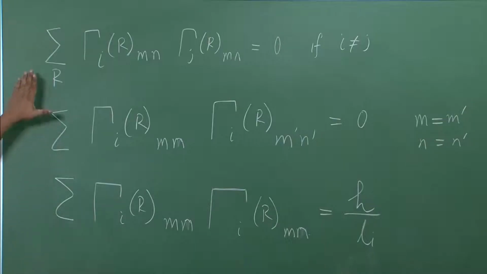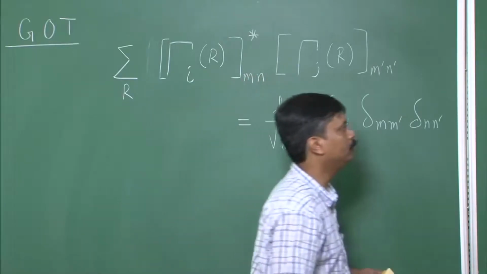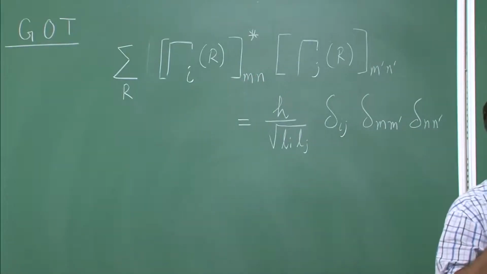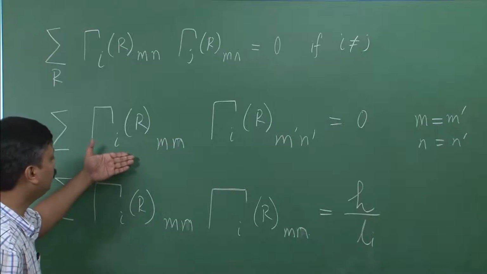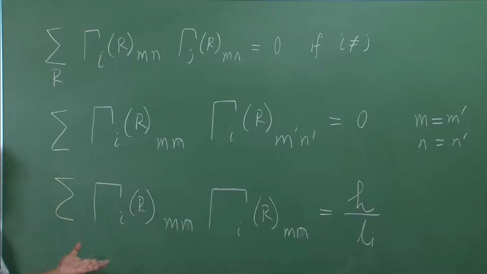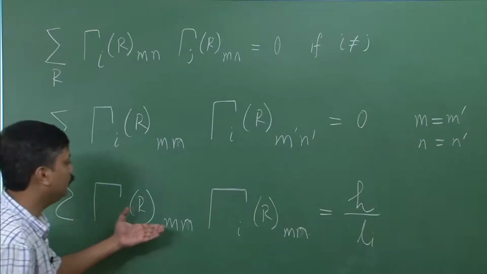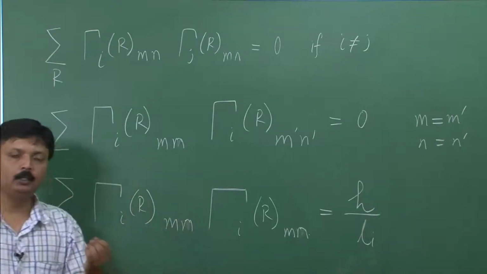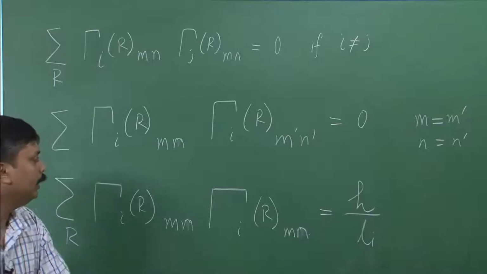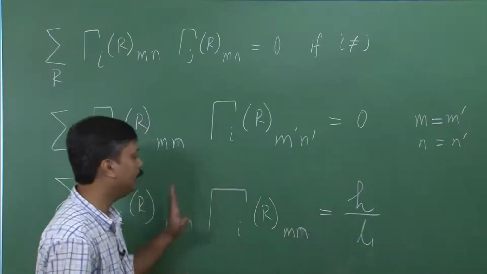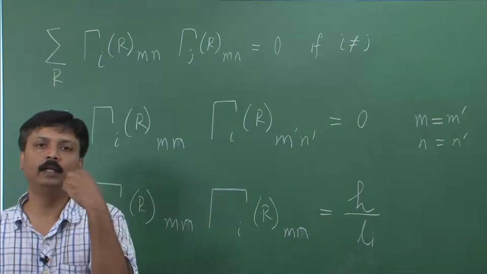So these three are actually the simplified version of this mathematical framework of the great orthogonality theorem. And we can see here that if I take the irreducible representation and choose the same irreducible representation and the same element of the matrix, and multiply them and then sum over all the symmetry operations, then I essentially get the square of the length of the vector.